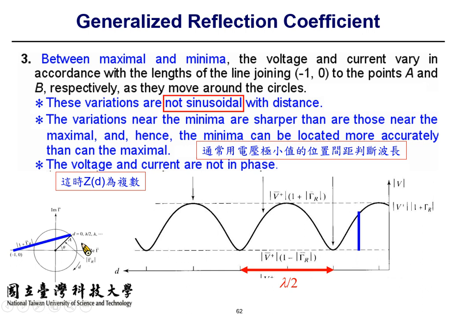So as you track along if you increase d, which repeats itself for every half a wavelength, then the total voltage will go up and down and up and down. The interval is half a wavelength.